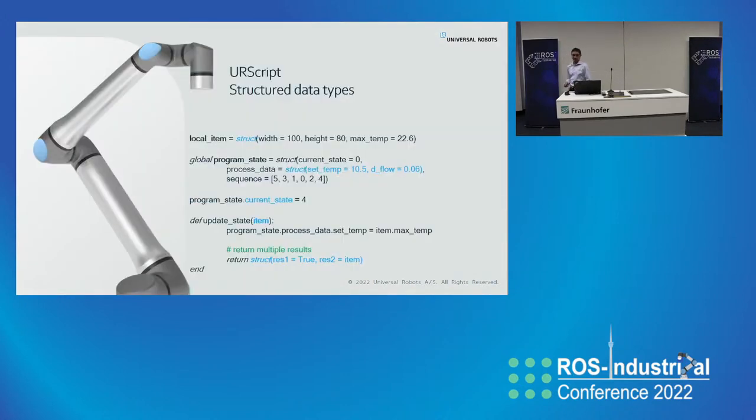There were a few changes that we had to make to the URScript to support ROS. One was that ROS is using complex messages with multiple data fields, generally simple data types inside, but this is a structured data exchange.